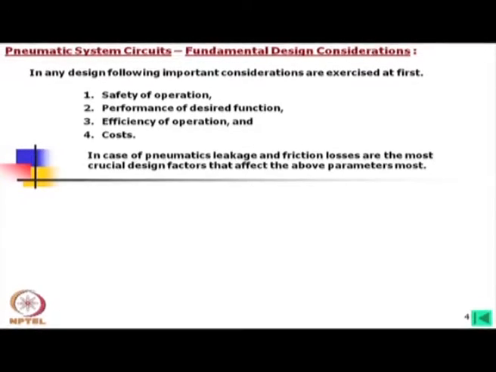Say, for example, a very simple example: when we drive a car, let us consider a car with pneumatic tires. In the case of car or scooter, it is filled to take the desired load, but in the process there will be some leakage.